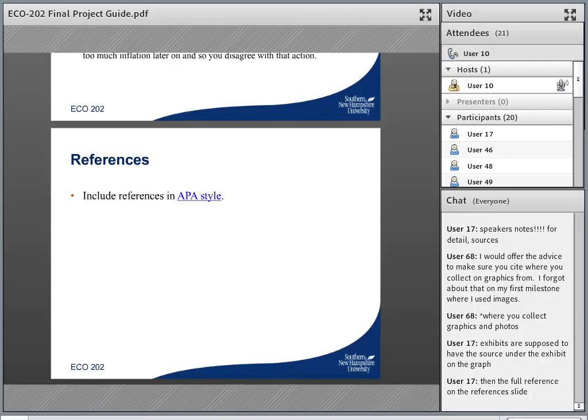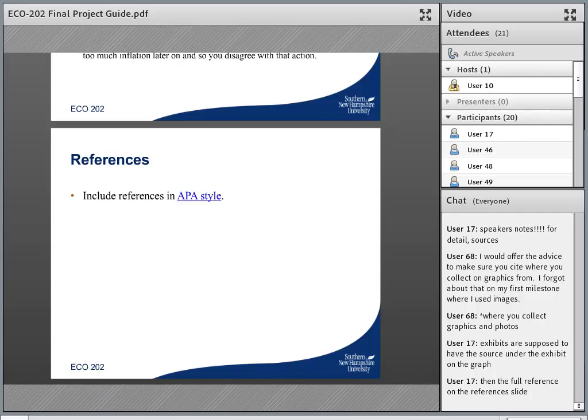Some graphics, if you're using something generic, like if you just go to find an image and they're part of Creative Commons, you don't need to cite it because it's through Creative Commons. But if you're taking a picture of a current event type of picture that you find from the Wall Street Journal, you would cite that.